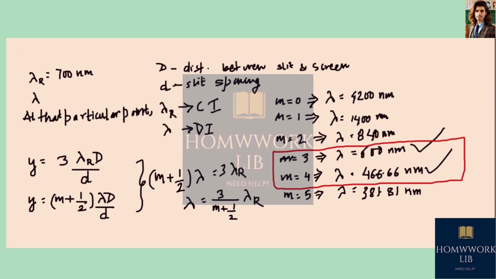Right? Now, do you need to know the slit spacing? Well, did we use anywhere the value of d? No. d gets cancelled out when we solve these two equations. So let me write that here.